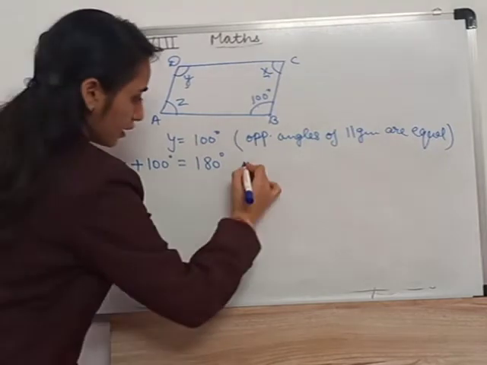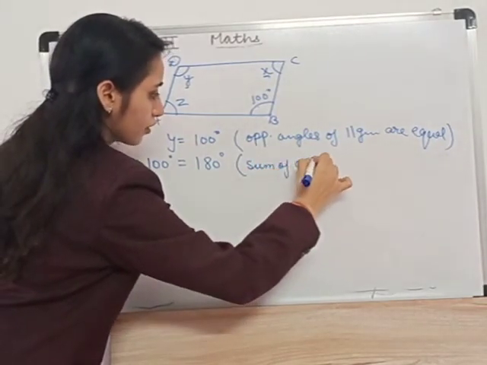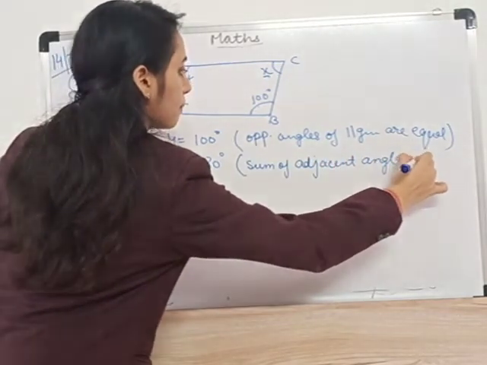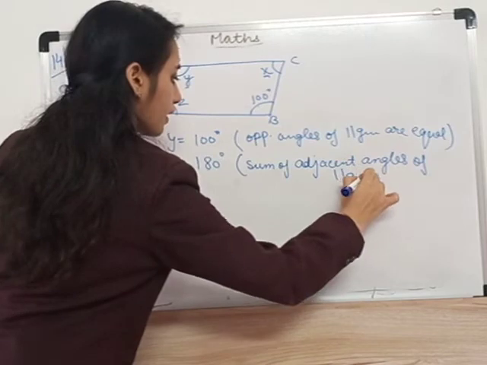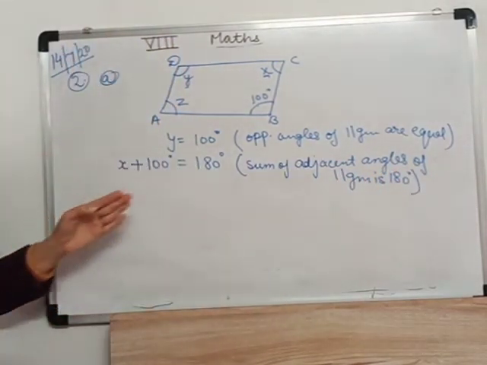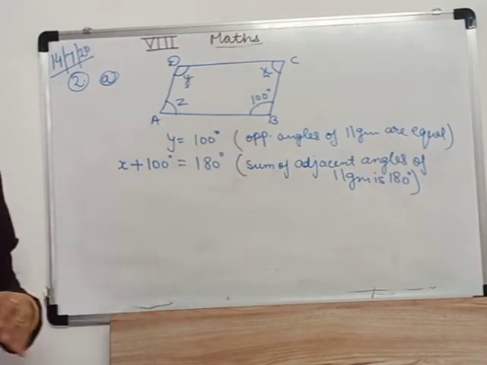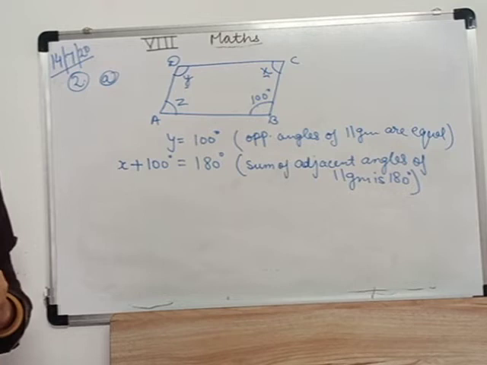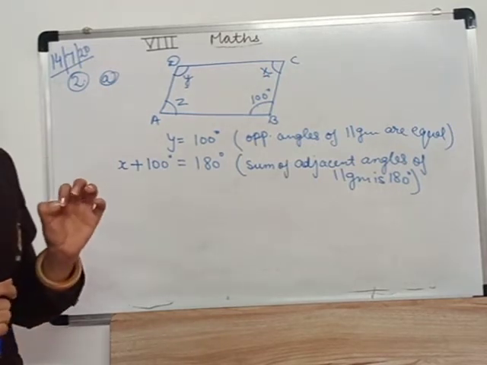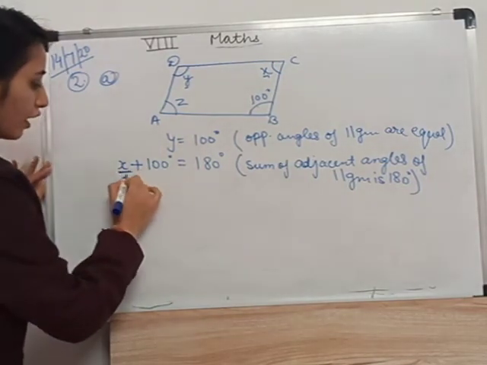Because the sum of adjacent angles of a parallelogram is 180. And you have to give reasons also. Reasons are very compulsory in these questions. While solving this question, you have to write each and every line with reason. Okay. Now solve this value of x.